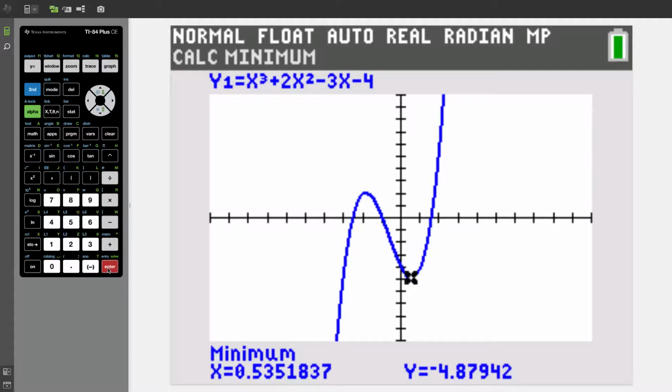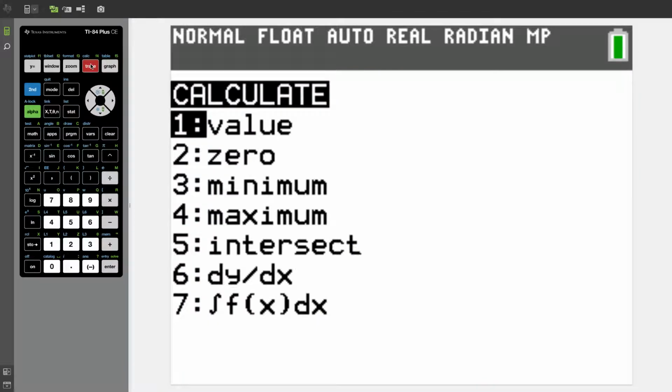Okay. The last thing that I want to talk about before we set our calculators aside is if you go back to that second trace menu, in addition to min and max, there's also an option for zeros, which we covered last week, right?